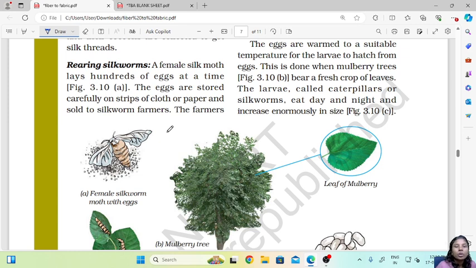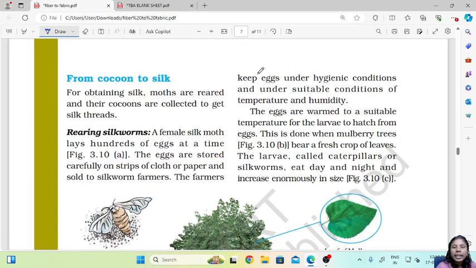The farmers keep eggs under hygienic conditions and under suitable conditions of temperature and humidity. Now these farmers take care of the eggs and give them the suitable conditions that they require, be it temperature, humidity, or hygienic conditions. All these things are provided by the farmer so that the eggs can grow into the next stage.